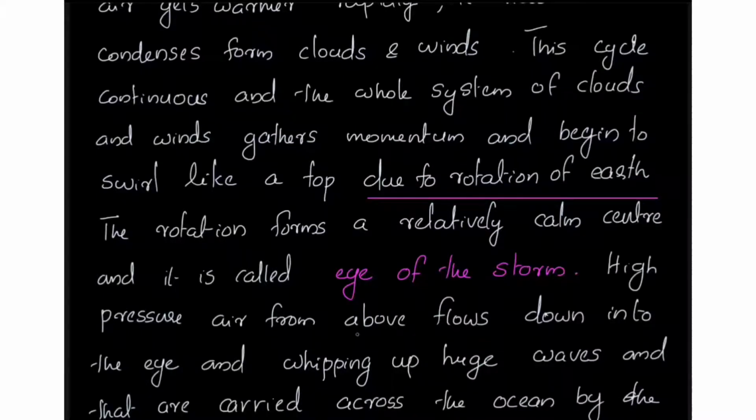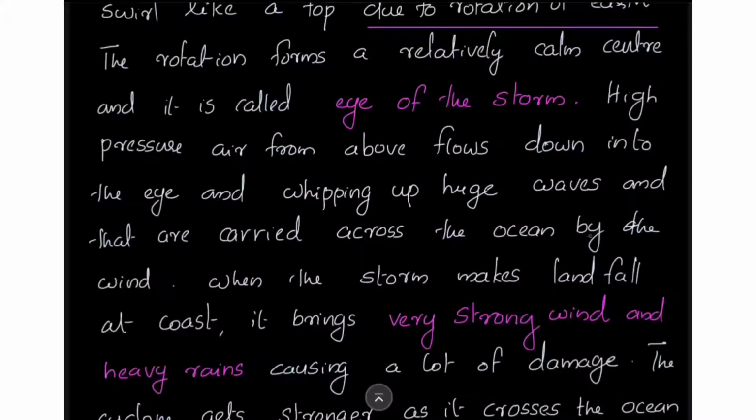And high pressure air from the above region flows down into this eye, whipping up huge waves that are carried across the ocean by the wind. That is, as the high pressure air enters the eye of the storm, it forms a storm, and it is carried by the wind formed along with the cloud.